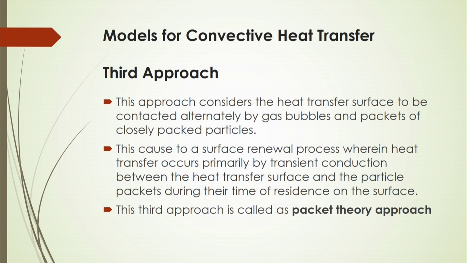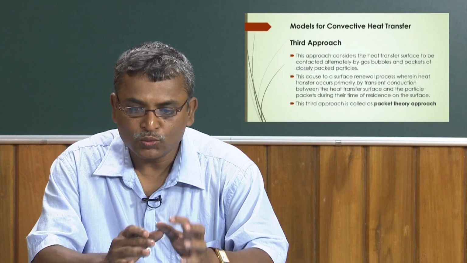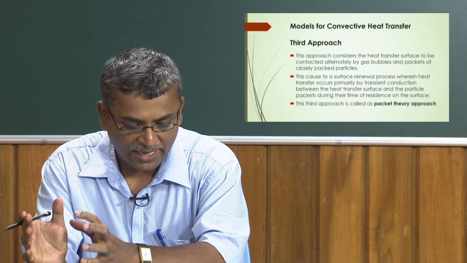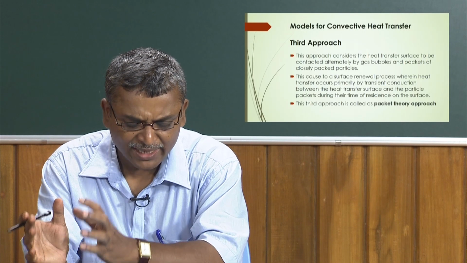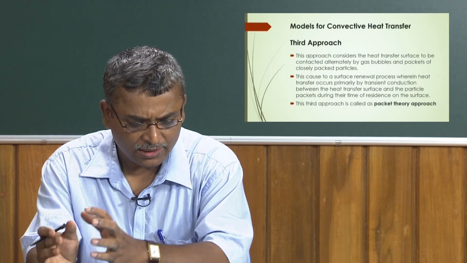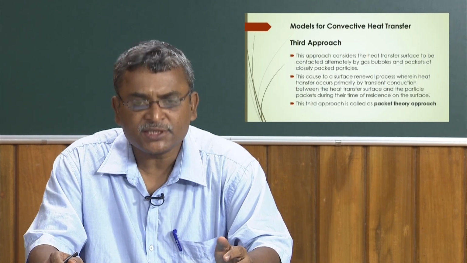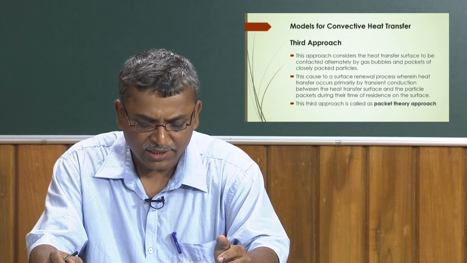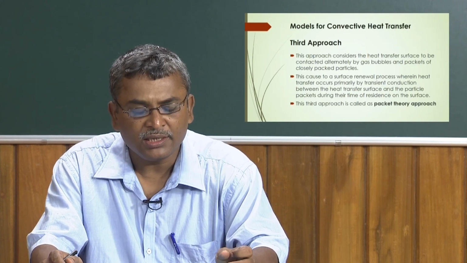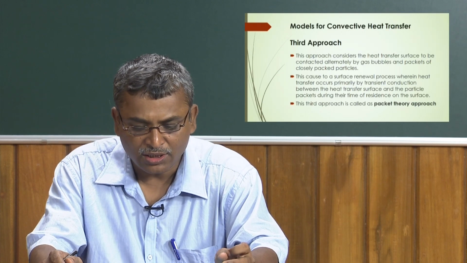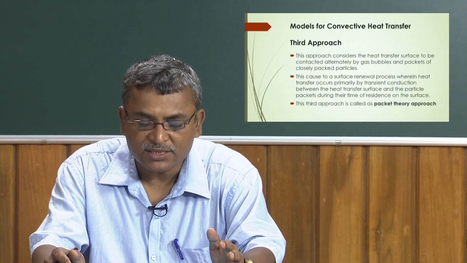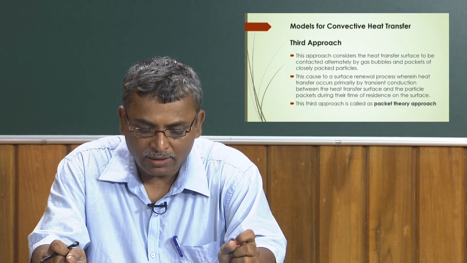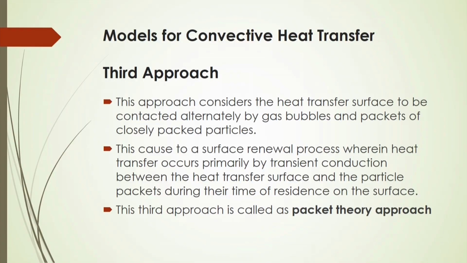This approach considers the phenomenon that heat will be transferred from the bubble to the packets of packed particles. This causes a surface renewal process, wherein heat transfer occurs primarily by transient conduction between the heat transfer surface and the particle packets during their time of residence on the surface.